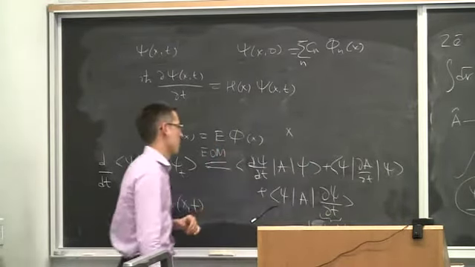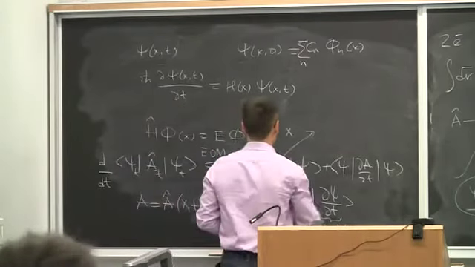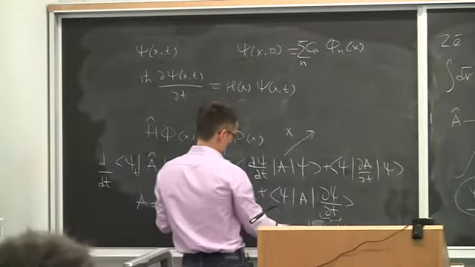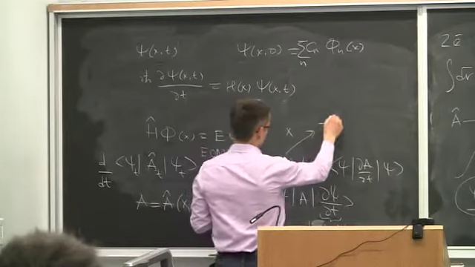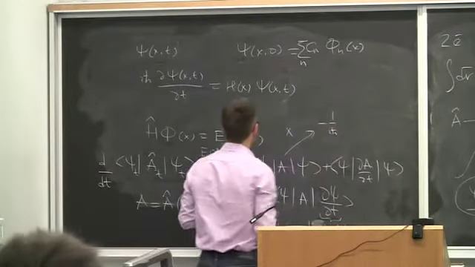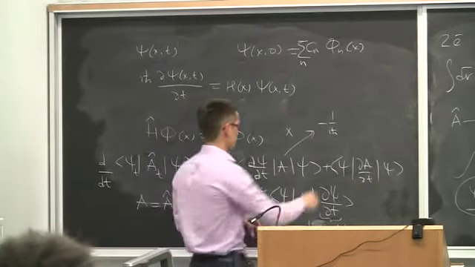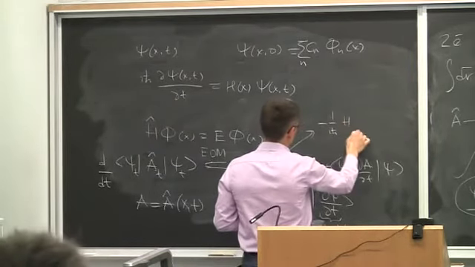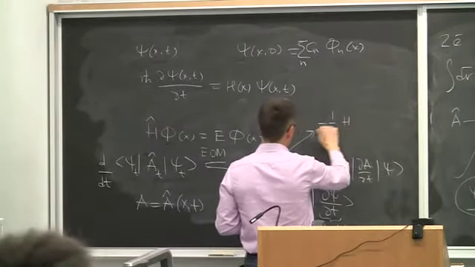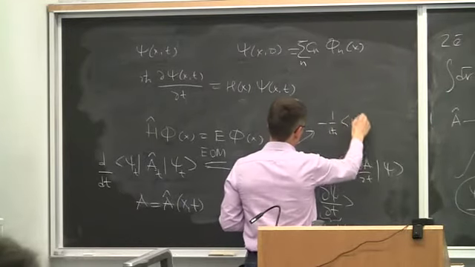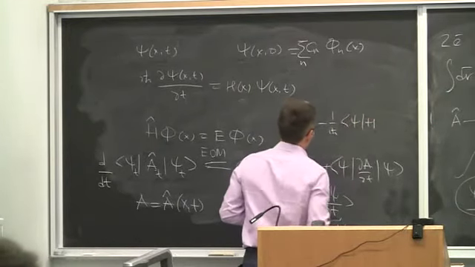And for this quantity, it will be a negative 1 over i h bar, because it's for the conjugated, or because it's for the bra part, and then it will be psi H, right?